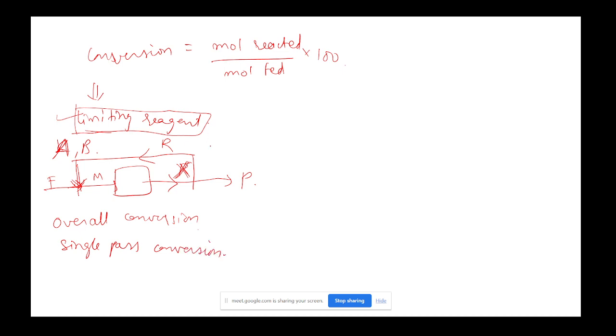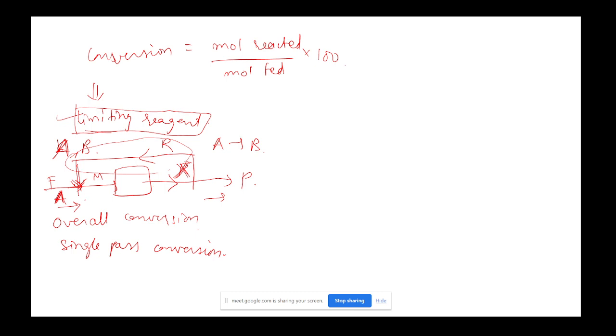Say for example, the reaction is nothing but A gives B. Now you are feeding A and it is pure. So overall conversion is nothing but you don't see this R stream and you check what amount of A I am letting in and what is the amount of A which is coming out.